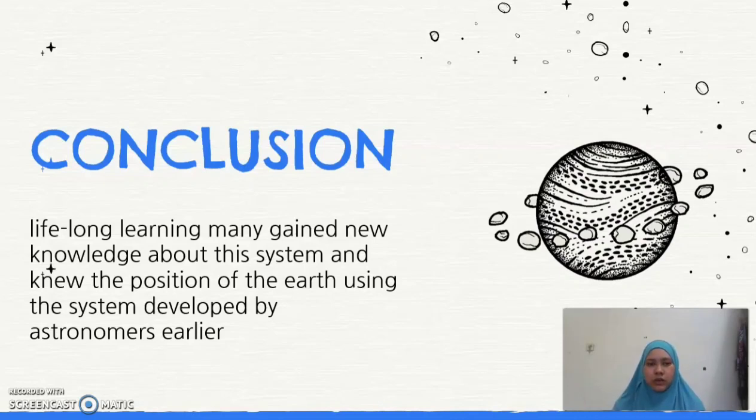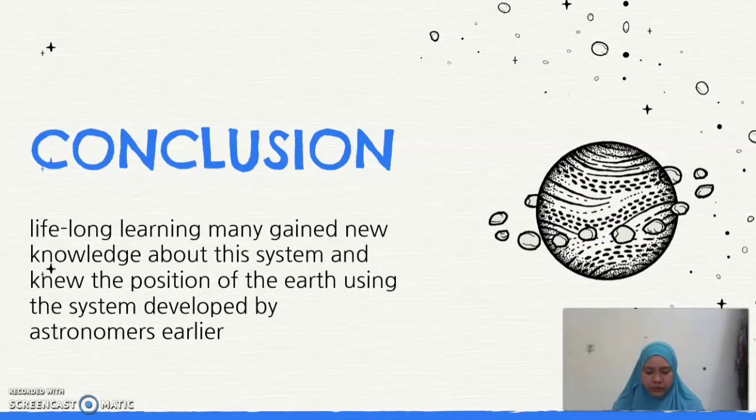So until now, this is a good basis for astronomers and anyone to learn about the equatorial and topocentric coordinate systems.